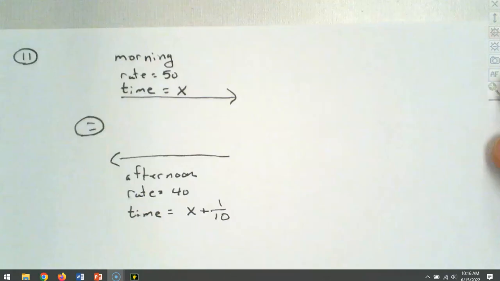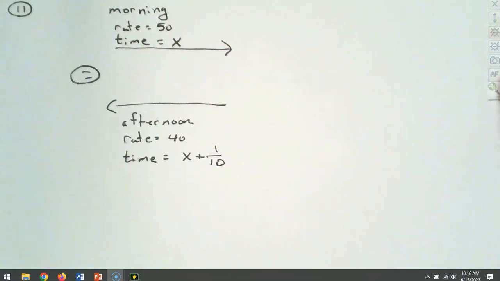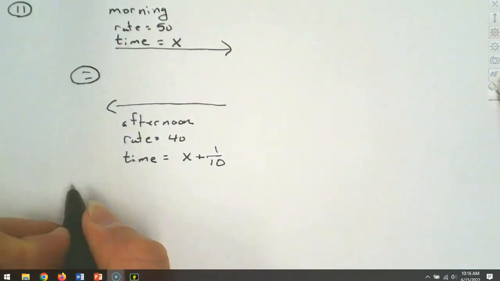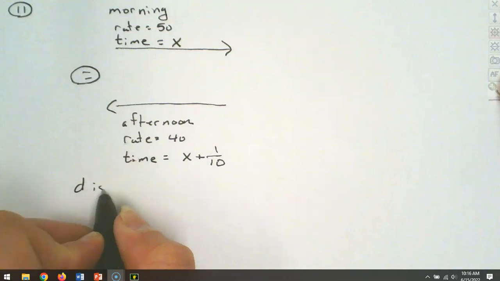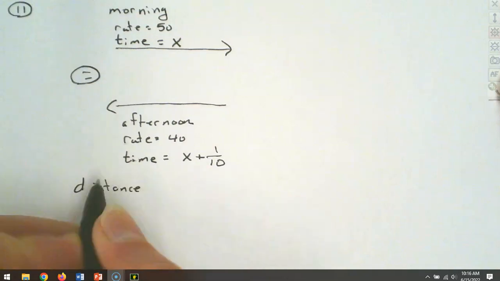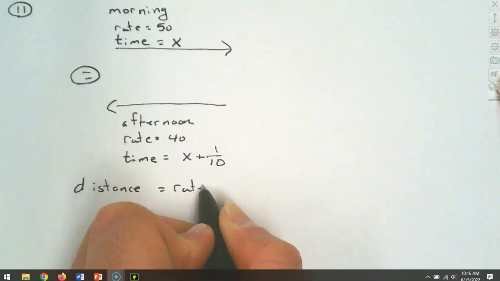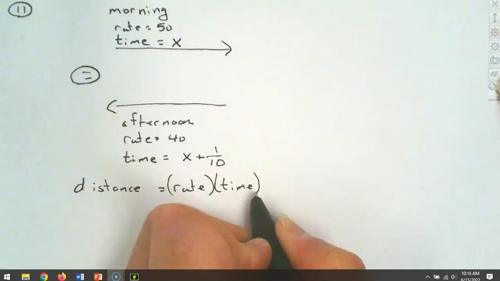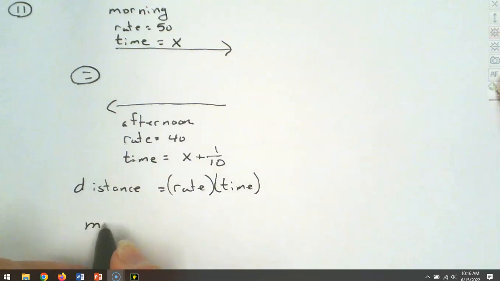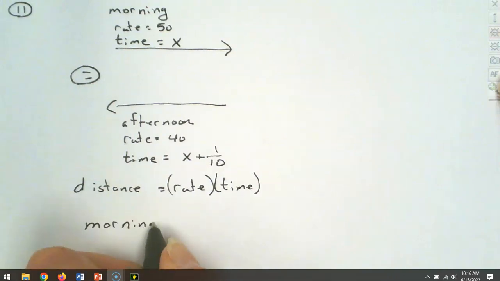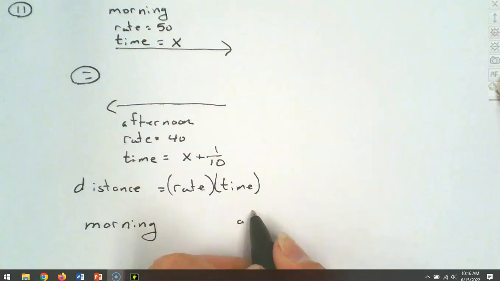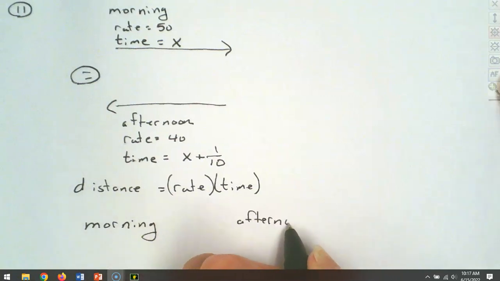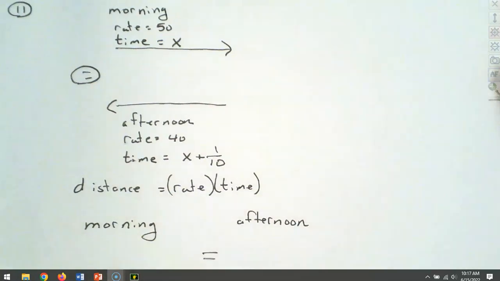Let's go ahead and set these equal and see what we've got for our equation. Because the distance equals the rate times the time, and we've got morning, and we have the afternoon. And we know these are going to equal each other.